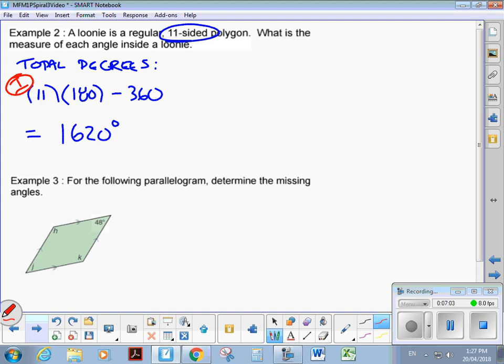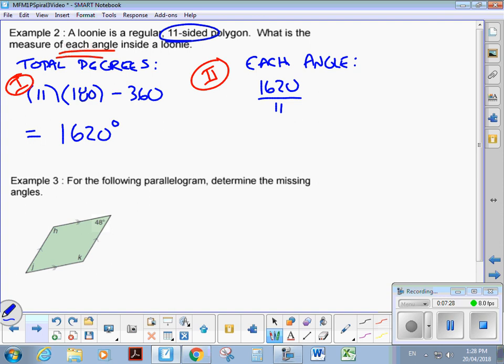But they want to know the measure of each angle. So we're going to assume that each angle is the same. So in step 2, for each angle, we're going to evenly distribute the 1,620 degrees. We're going to evenly distribute them with 11 corners. Triangle has 3 sides, 3 corners.